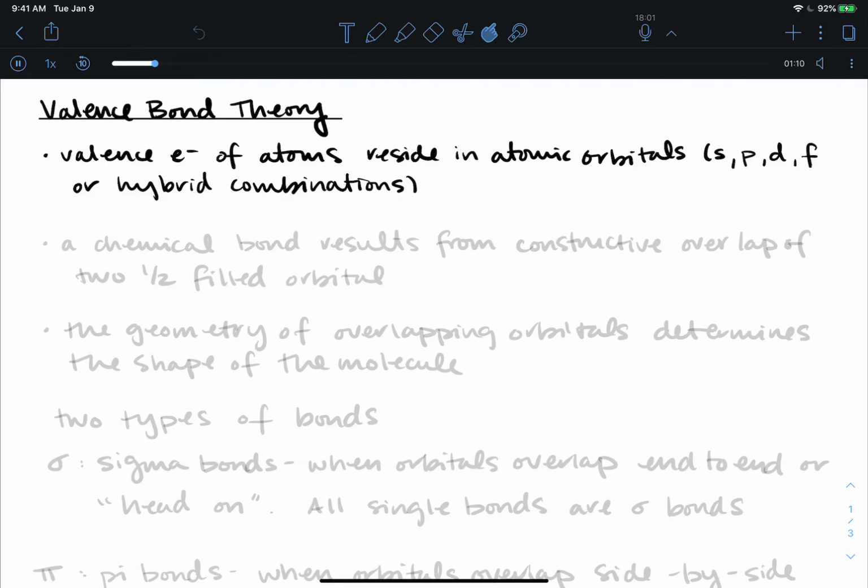Okay, so if we take what we know here, we bring in a little bit of that quantum mechanics that we haven't talked about in a couple of modules. A chemical bond results from the constructive overlap of two half-filled orbitals.